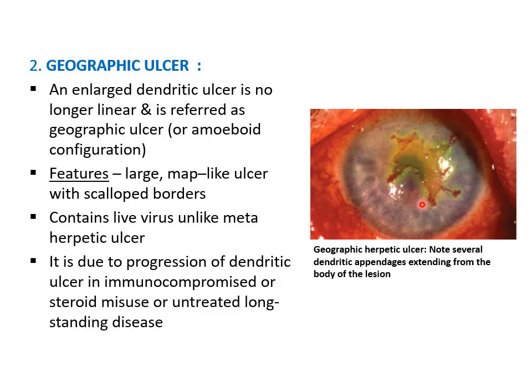And it has scalloped borders because the virus is eating away at the epithelium at the margins of the ulcer. And usually a dendritic ulcer would convert into a geographic ulcer under these conditions: progression of dendritic ulcer in immunocompromised patients, steroid misuse, or untreated long-standing disease.